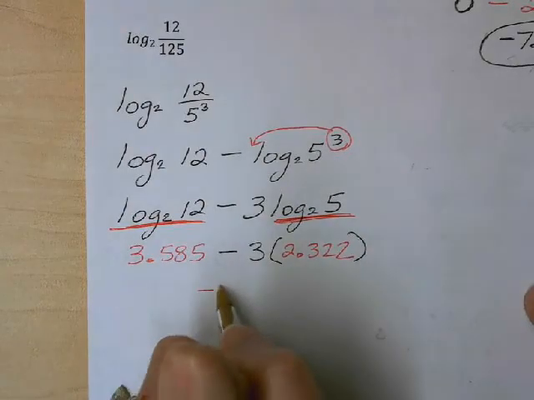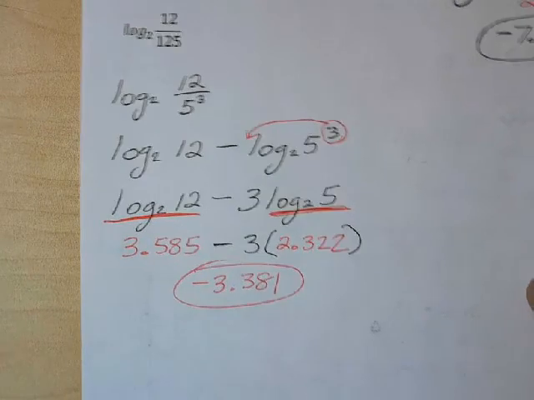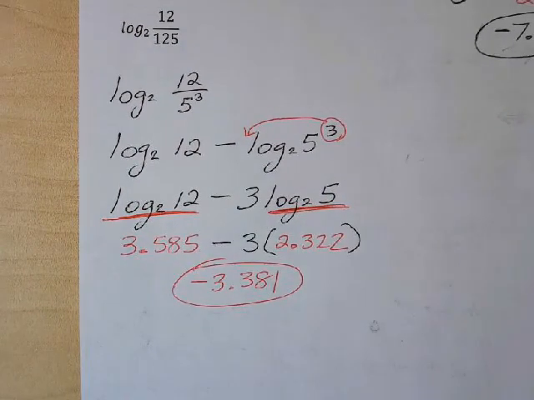I got negative 3.381 just by typing that in a calculator. If you think I did it wrong, let me know, but I think I did it right. You know, sometimes we make mistakes too.